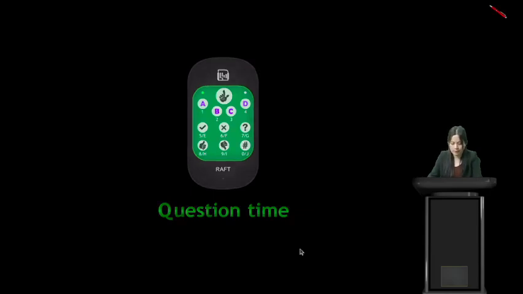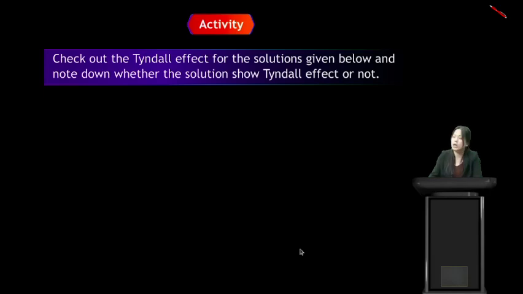Alright students, let us see an activity. Check out the Tyndall effect for the solutions given below and note down whether the solutions show the Tyndall effect or not. So this will be your homework. Take shaving cream and check whether it shows the Tyndall effect or not. Another example is jelly. Then another example is sugar solution.